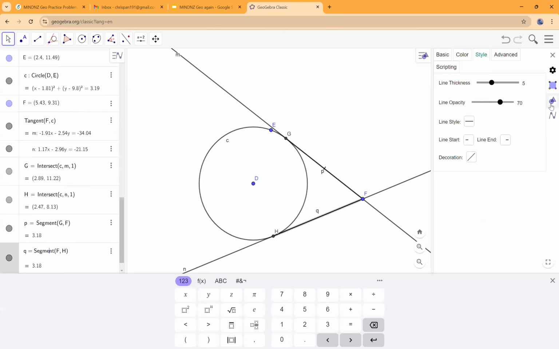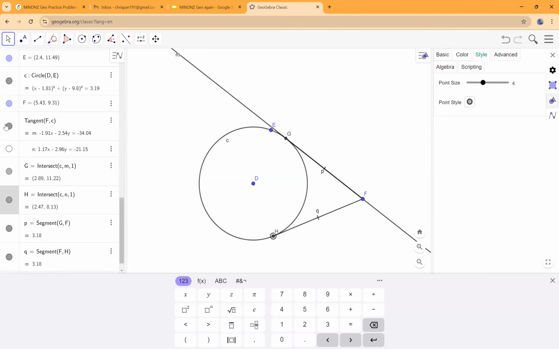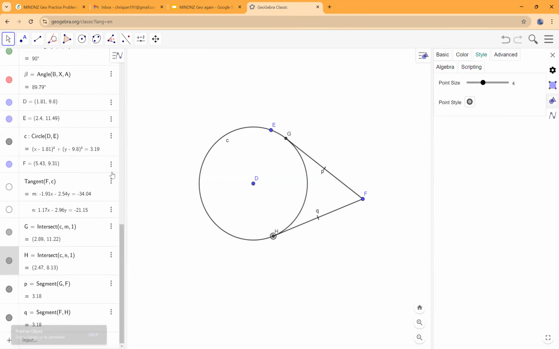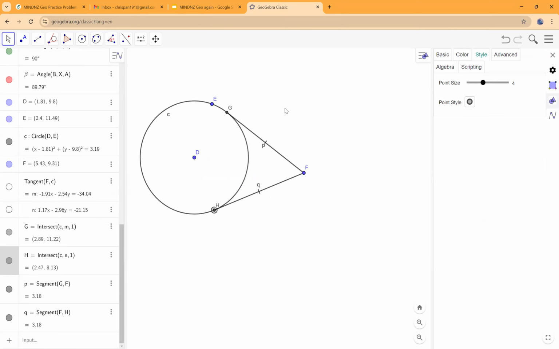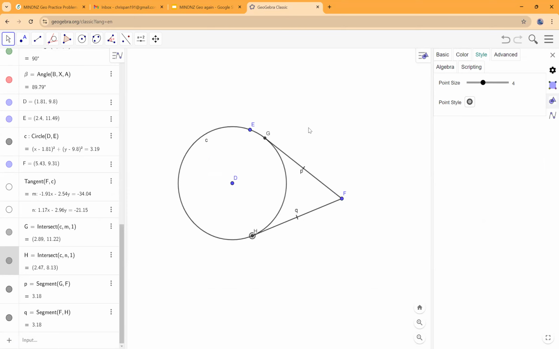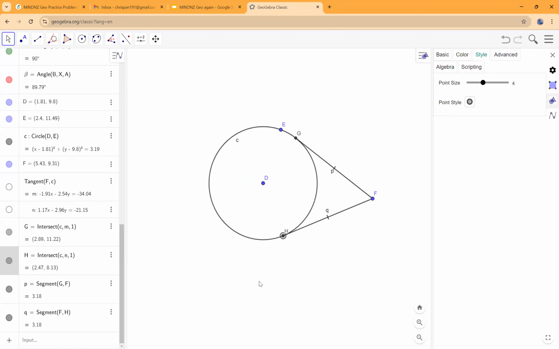Maybe I'll just mark it. You can show it by connecting G and H to the center and then using congruent triangles, or you can just argue by symmetry. It feels pretty obvious that they should be equal in length, because the circle is very symmetric, and there's no reason why one side should be longer than the other. So that's the property of equal tangents.